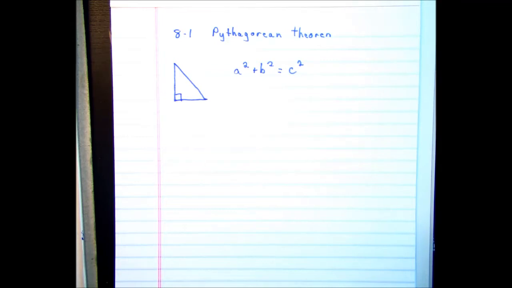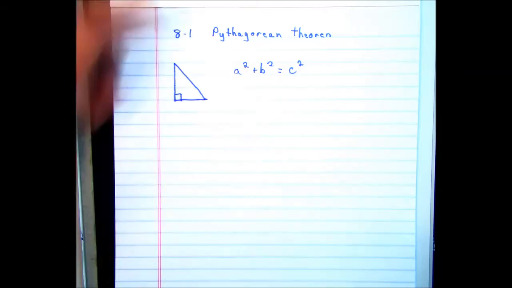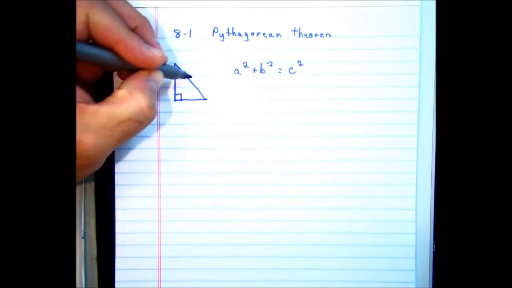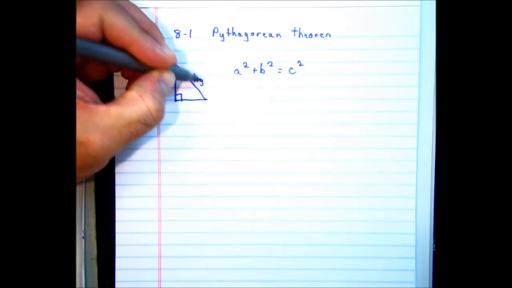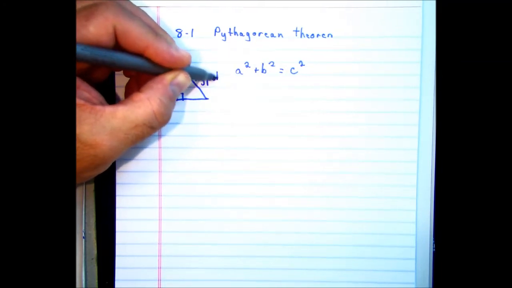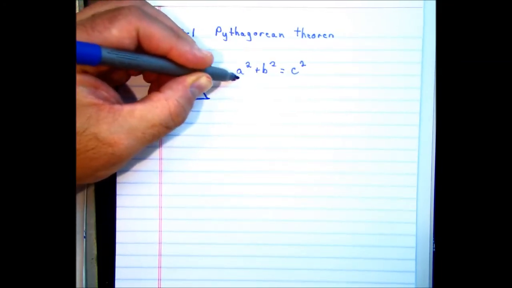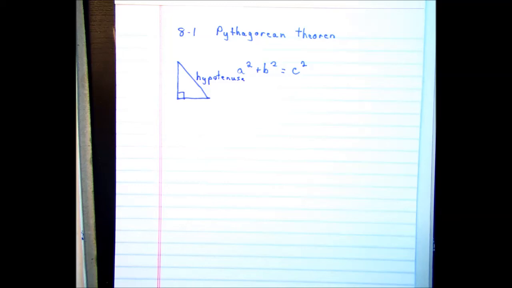Now, of these three sides, which one is the most important? It's the only one that has a very specific name. Can anyone tell me what that name is? Correct. Hopefully you said the hypotenuse. This side is the most important side. Why?